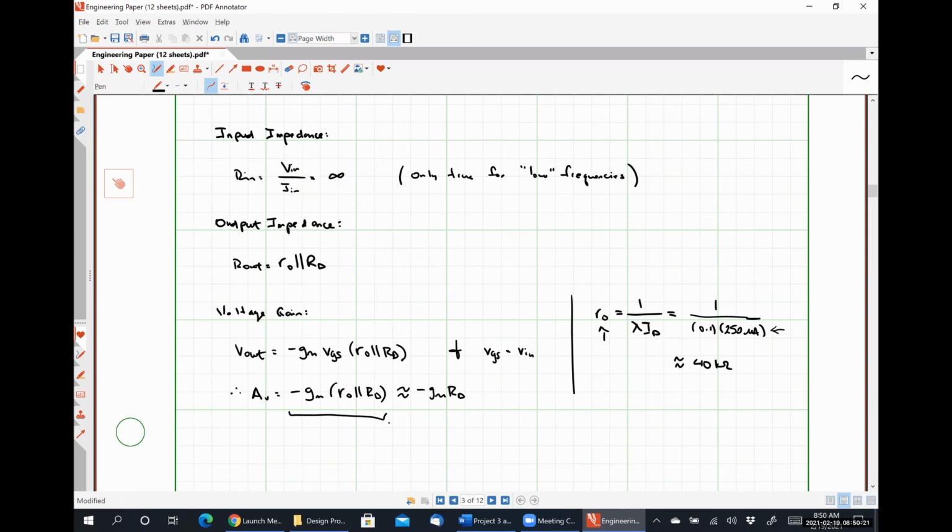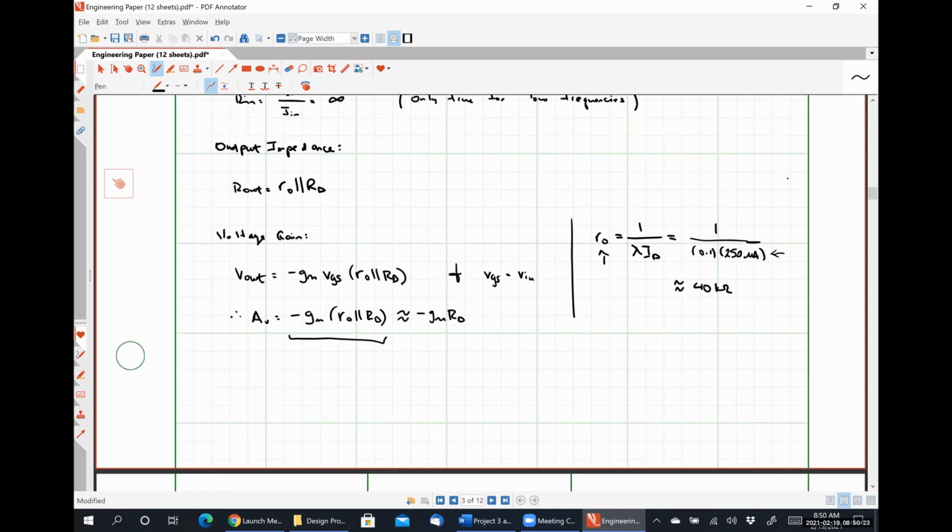Now, what's interesting about this is assuming that we are in saturation, our voltage gain is then going to be negative the square root of 2 un C ox W over L times whatever value ID has. Terrible looking.